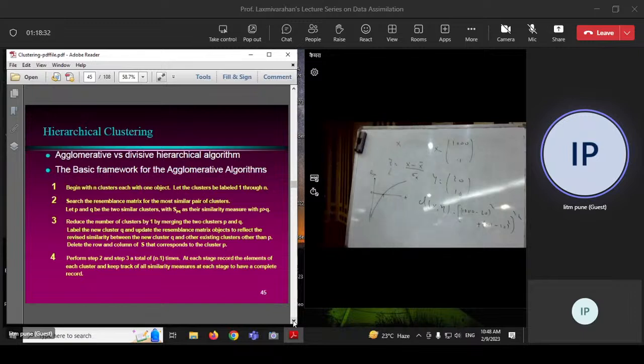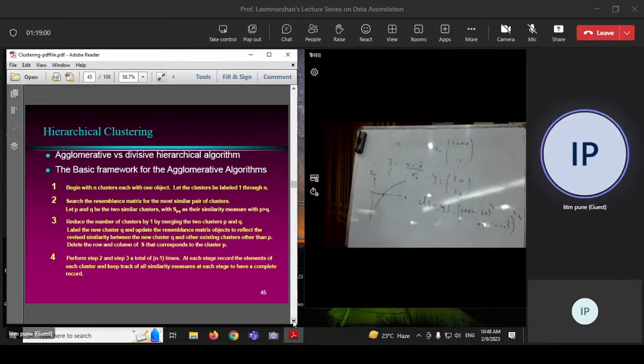Search for the entry in the resemblance matrix that is the lowest. Let P and Q be the two clusters that are most similar according to that measure. You remember in the first round, 5 was the minimum. How many of you remember that? 5 was the minimum. It brought 3 and 4 together. 3 is P, 4 is Q.